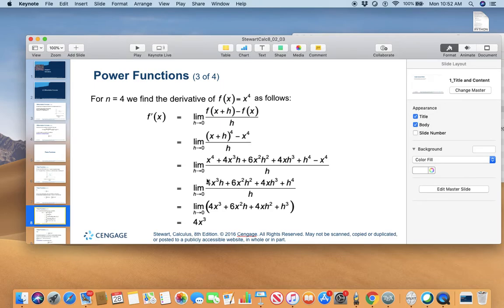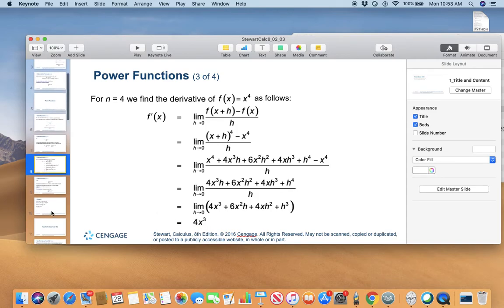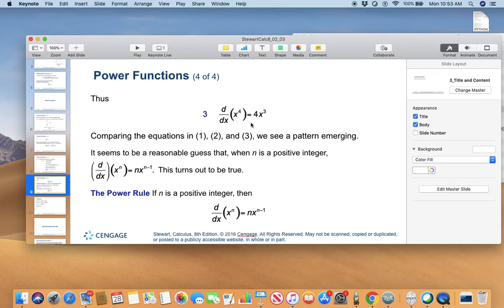Take an h out and divide by that h, and you are left with one h less in the numerator for each term. Now when you let h approach 0, all these go to 0. You are left with 4x cubed, which brings me to the derivative of x to the 4th being 4x cubed.